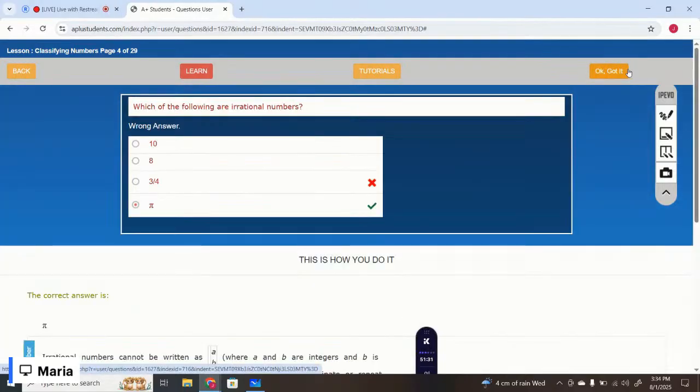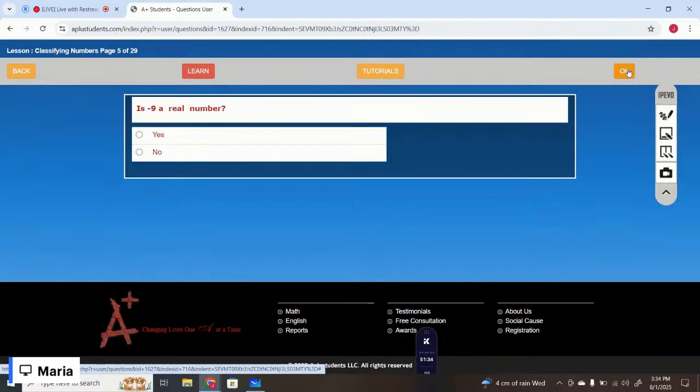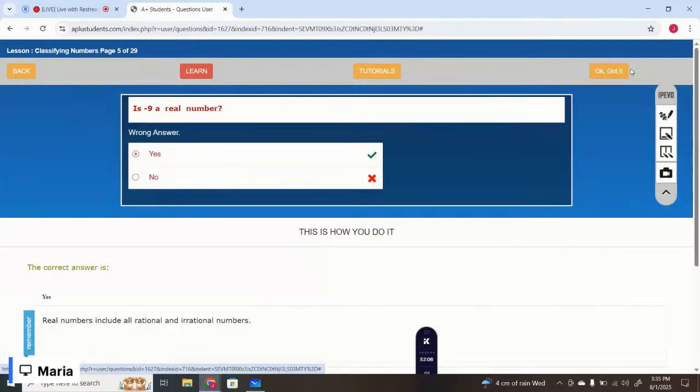That is pi. Pi is an irrational number. Is negative 9 a real number? No, negative 9 is not a real number. Option number 2 is the correct option. It is a real number actually.